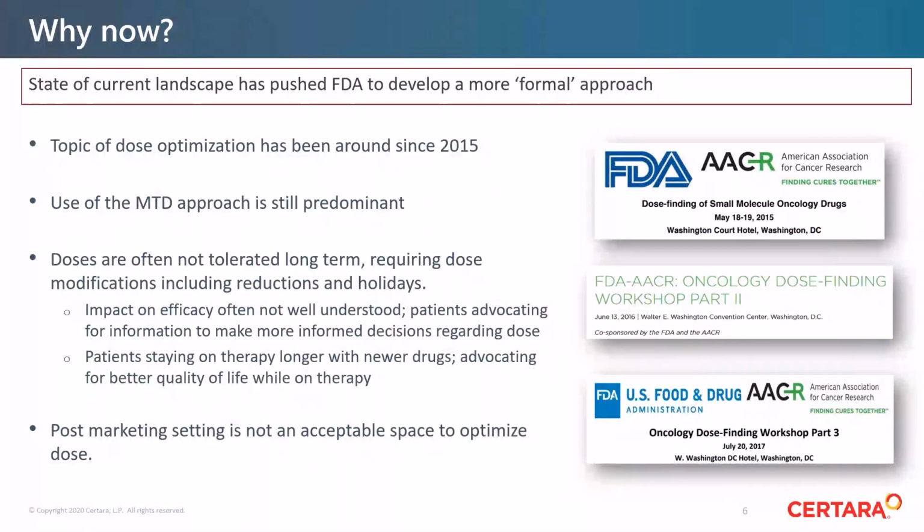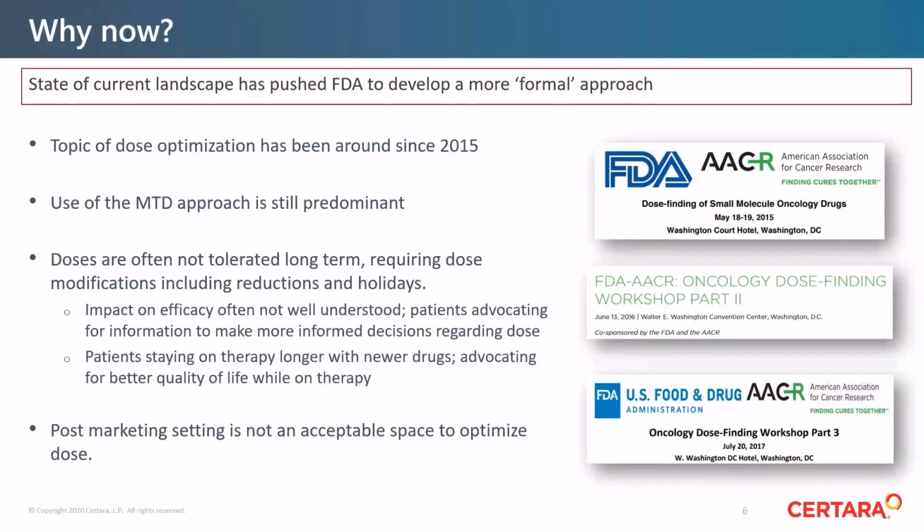Post-marketing dose optimization studies can take a while to complete due to challenges with things like accrual, by which point a significant number of patients have already been exposed to a potentially inappropriate dose of the drug. Additionally, of course, dose optimization PMRs often lead to results that are equivocal or unclear, and that can be difficult to action from a regulatory perspective.